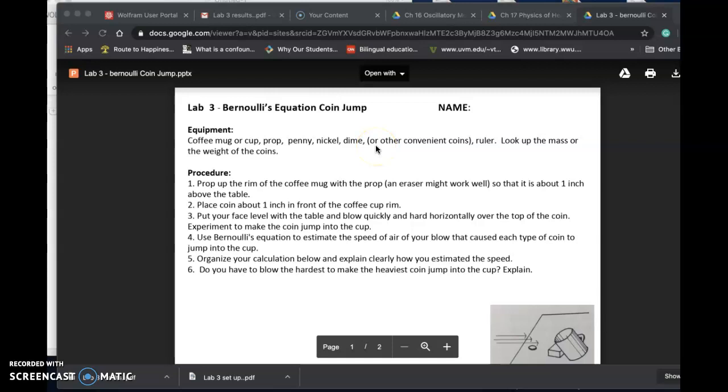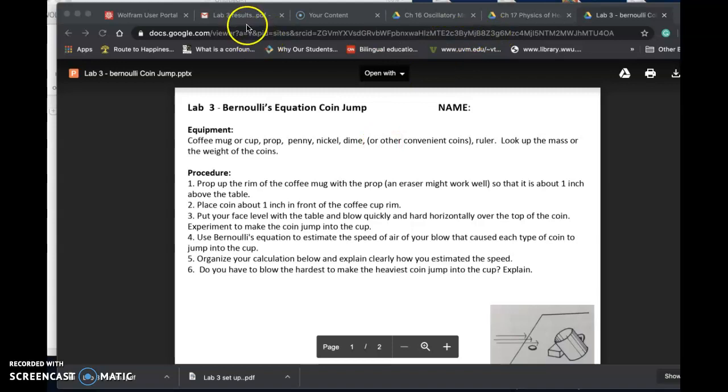In order to do that, once you blow on each of the coins, you can use Bernoulli's equation to estimate the airspeed for each type of coin. And in order to do this, you first have to rearrange Bernoulli's equation.